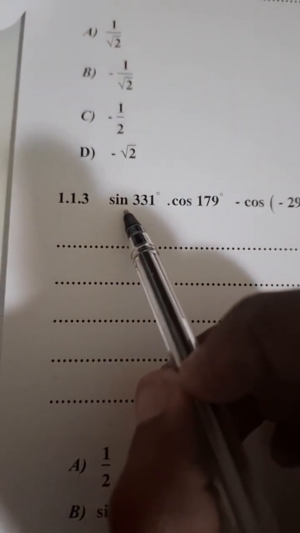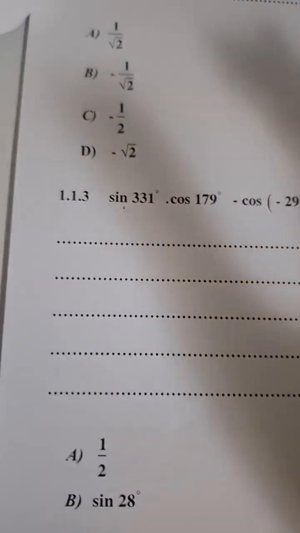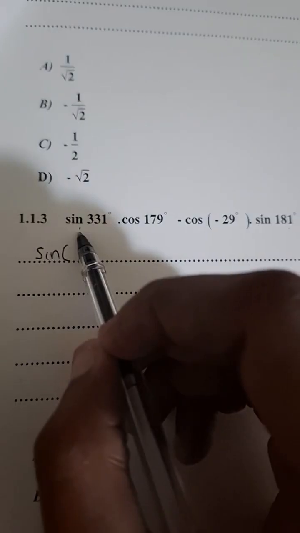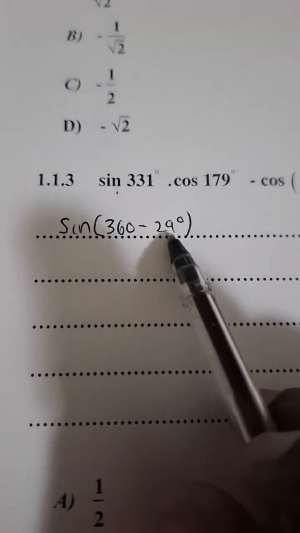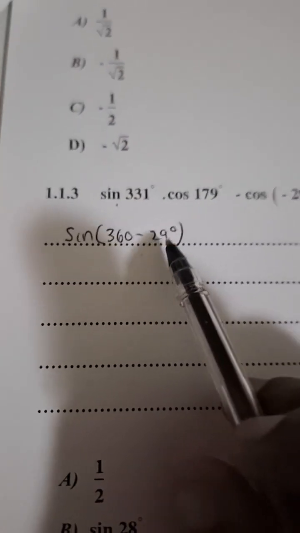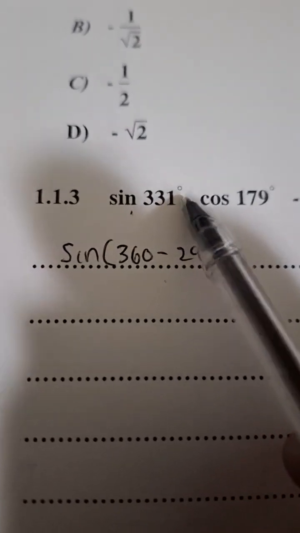So let's go ahead and reduce these angles using our co-function values and our function values. So this here, sine of 331 degrees can be written as sine of 360 minus 29 degrees. How did I get this? I know my function values.